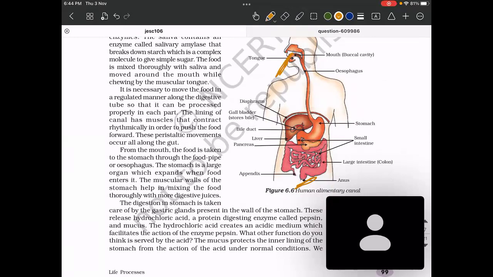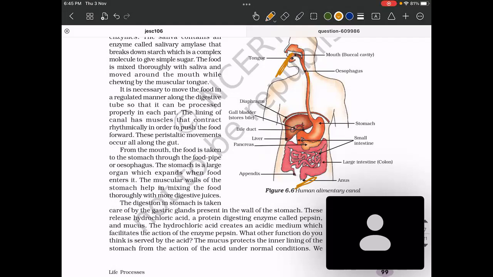See, look at that. The mouth, the buccal cavity consists of teeth and tongue, and then you have the esophagus, and then the stomach, and then the small intestine, which consists of three parts: duodenum, jejunum and ileum.